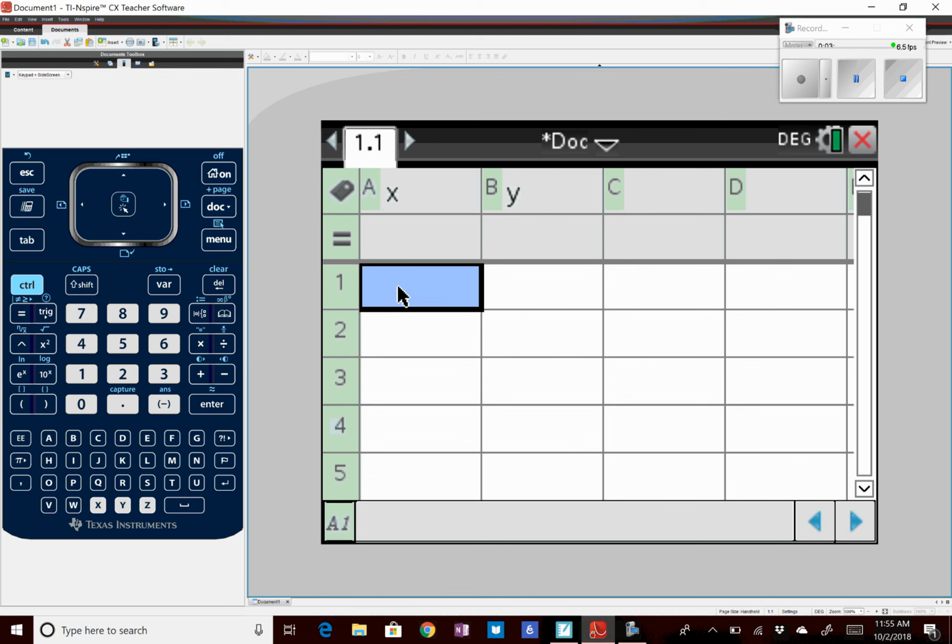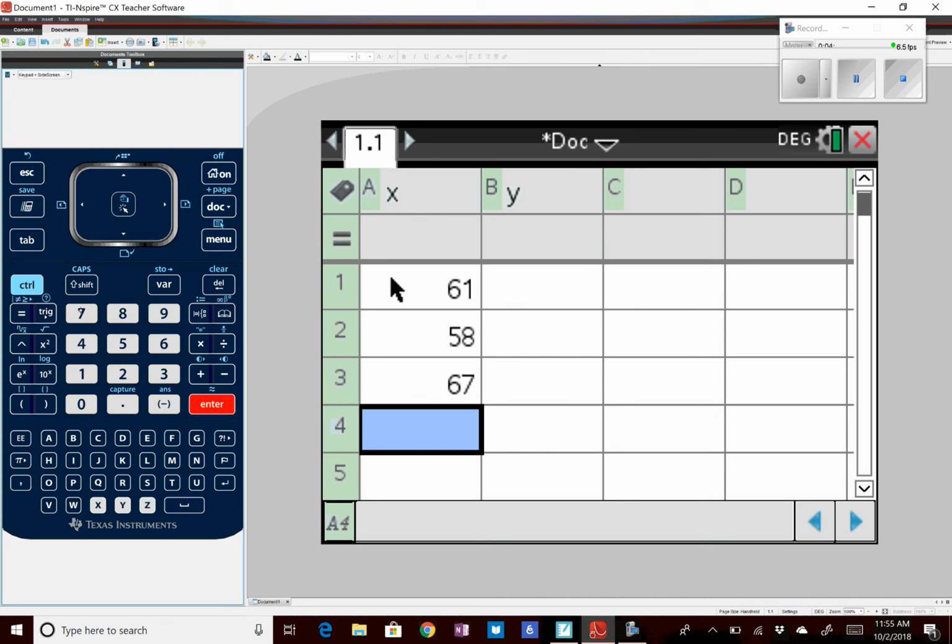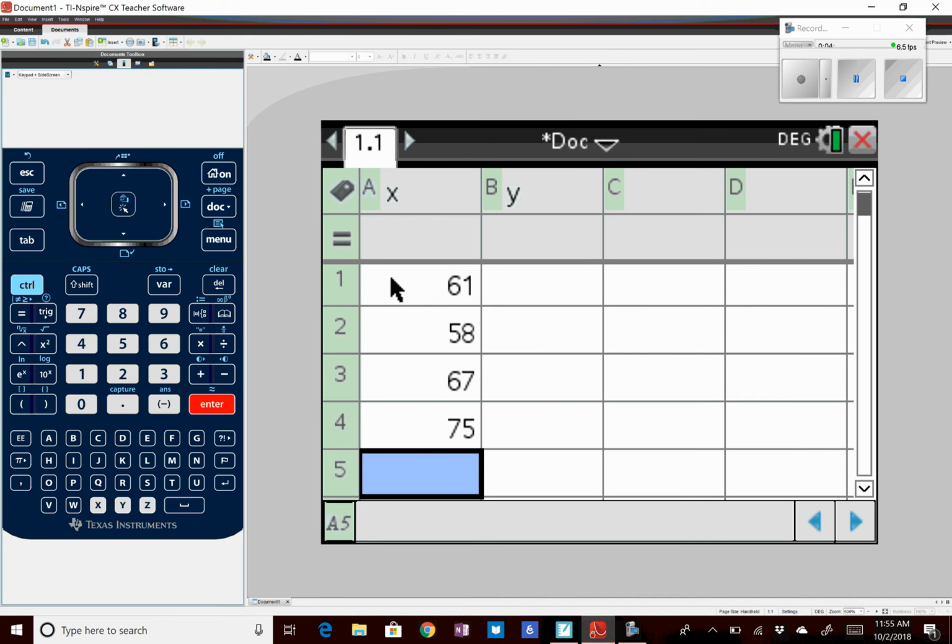So the January average temperature was 61. February was 58. March 67. April 75. May 79. June 83.